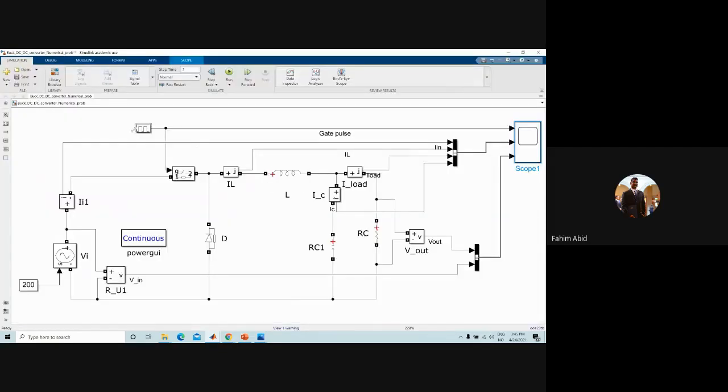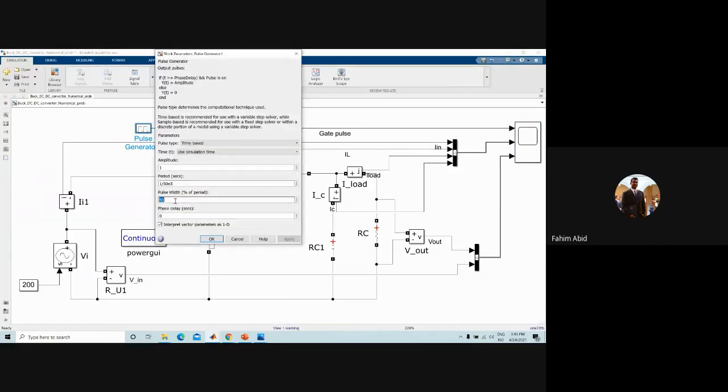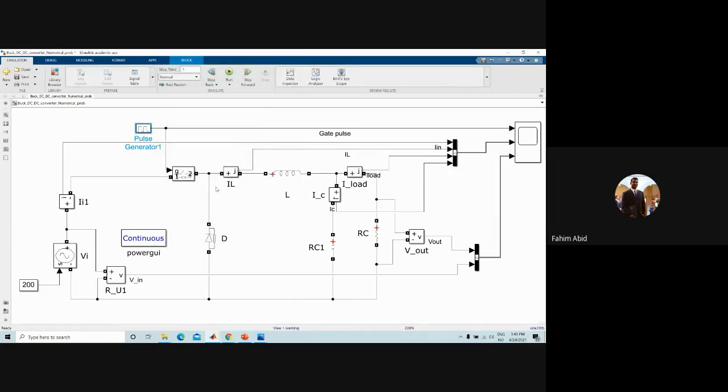Okay, so let's play with other parameters as well. What happens if we change this switching frequency? Before running the simulation, let's estimate what's going to change here. If you change the switching frequency, the obvious change is that the impedances here and here are going to be affected because they are frequency dependent.